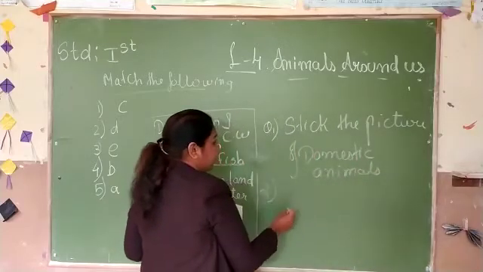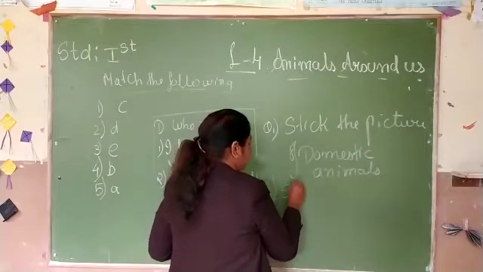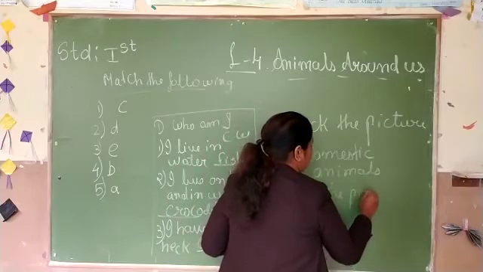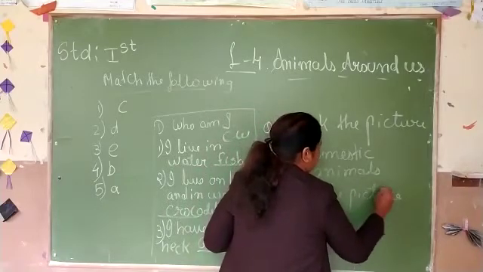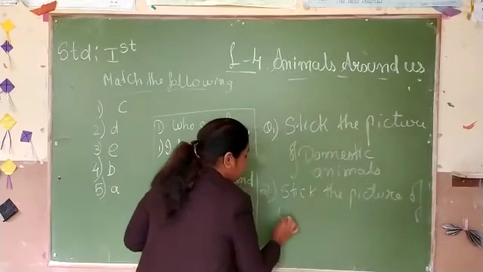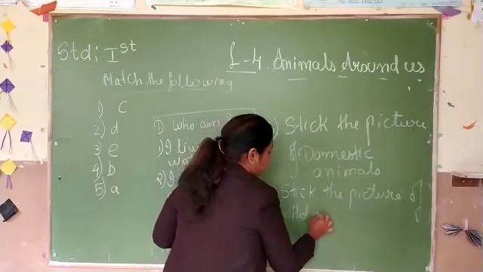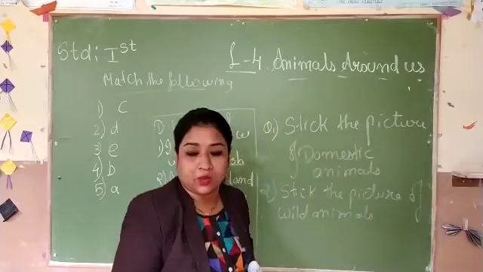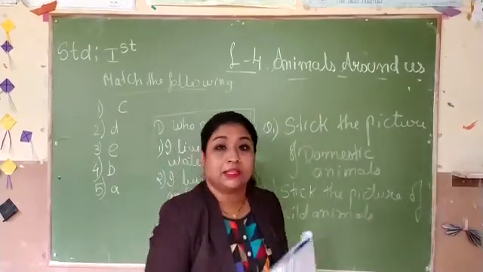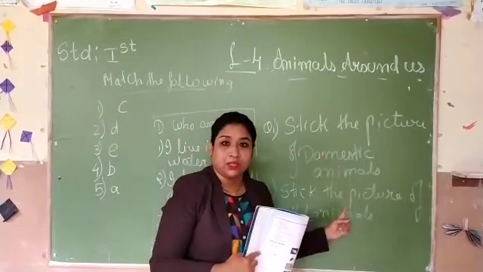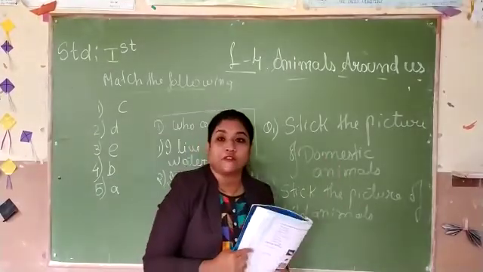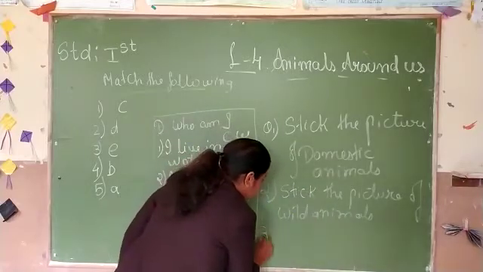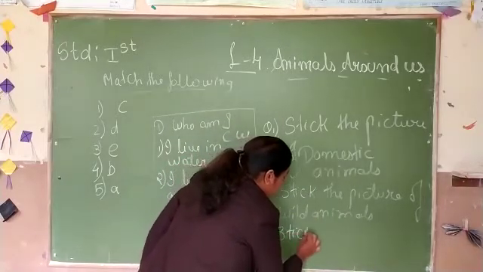Second, stick the picture of wild animals. आपको ये पहले चिपकाना है और उसके बाद आपको क्वेश्चन आंसर्स करना है. First you will stick the picture of domestic animals and then you will stick the picture of wild animals, right? And the third you will stick the picture of aquatic animals.